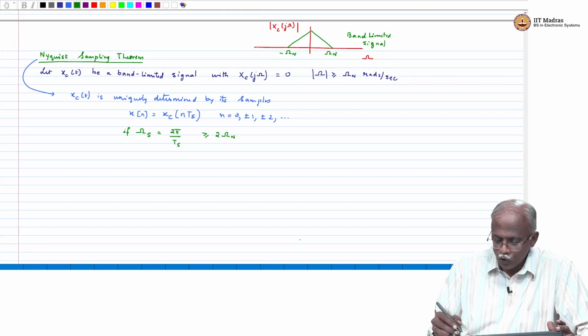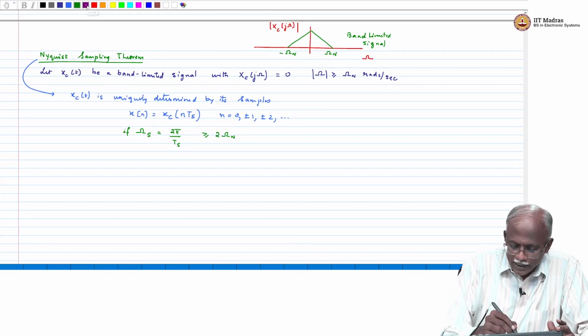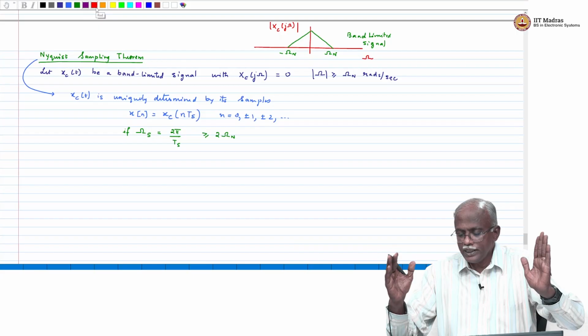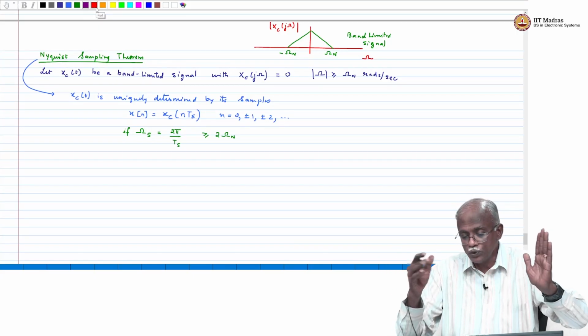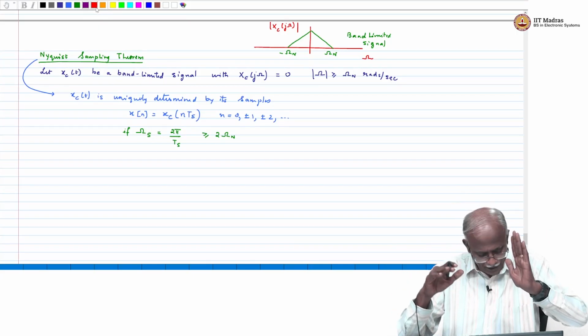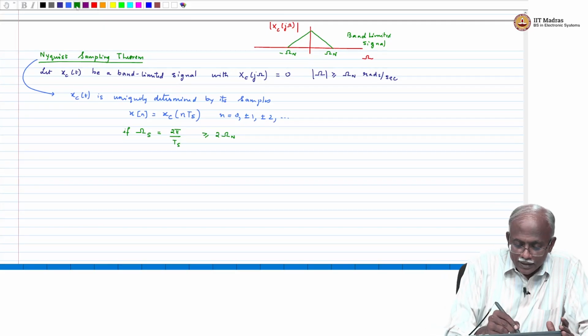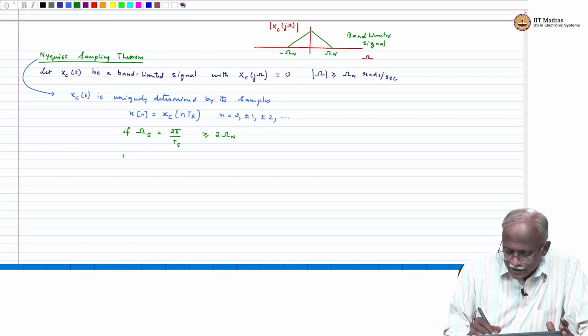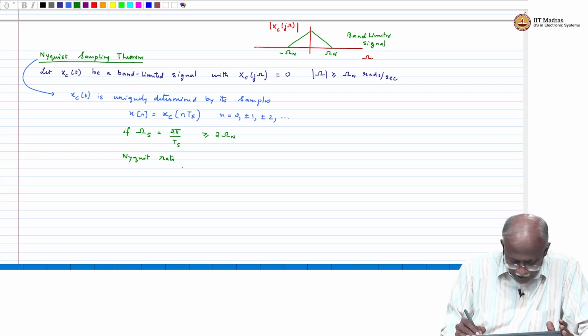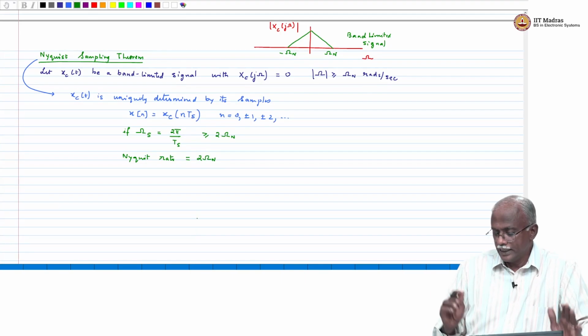So what we are saying is, if I have a signal which is band limited to the frequency omega N, then the Nyquist theorem says that there is a rate, the Nyquist rate, which must be equal to 2 omega N. That is the minimum.